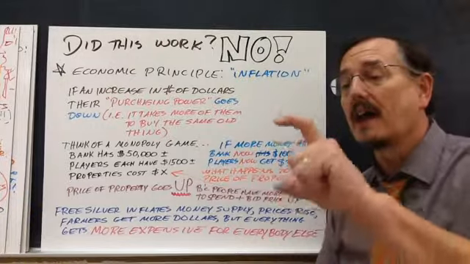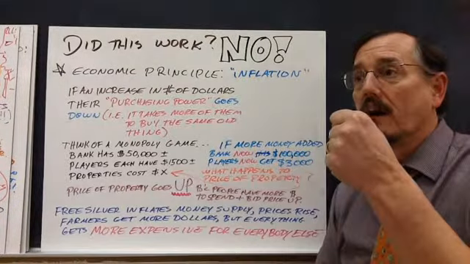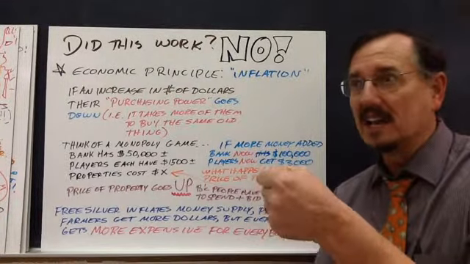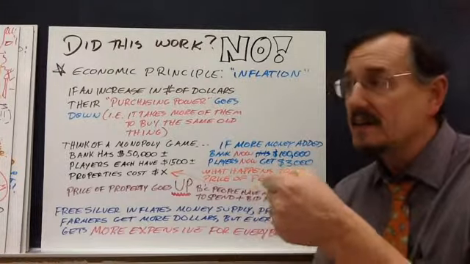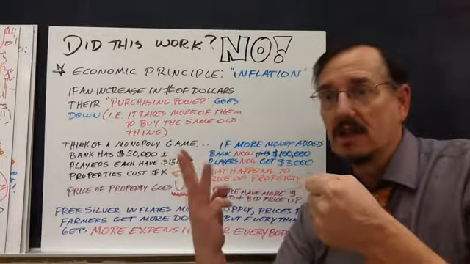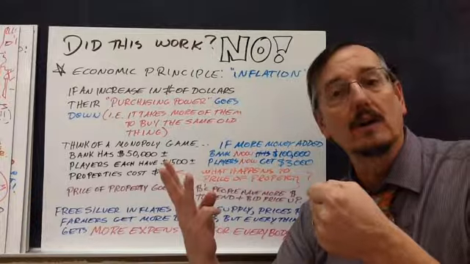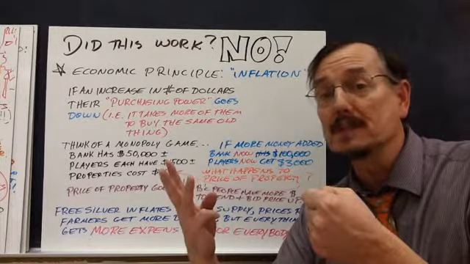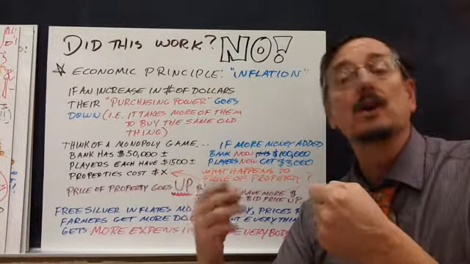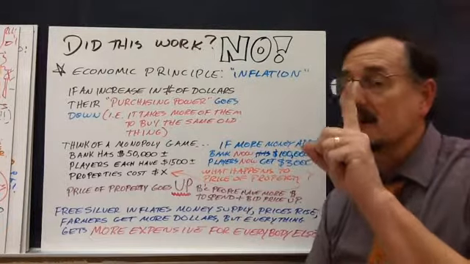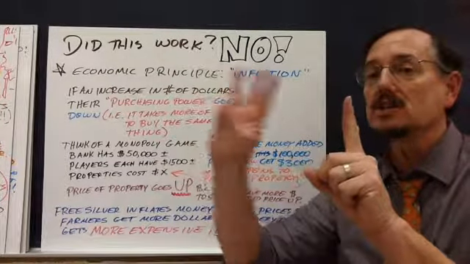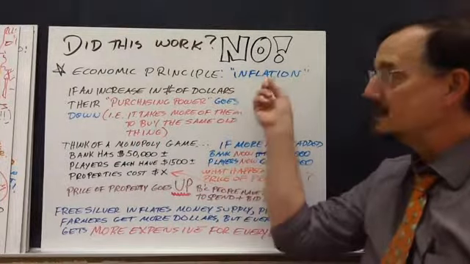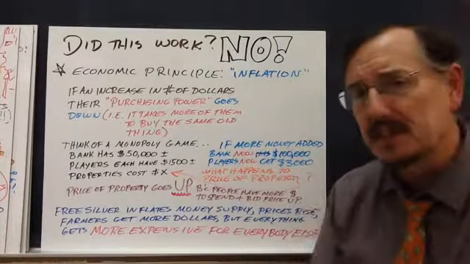Like, instead of buying a gallon of milk for $1, the way it was in 1970, it now takes $3 to get the same gallon of milk. Have cows gotten that much more expensive? No. It's because of inflation. And instead of taking 1, it now takes 3. That's inflation.